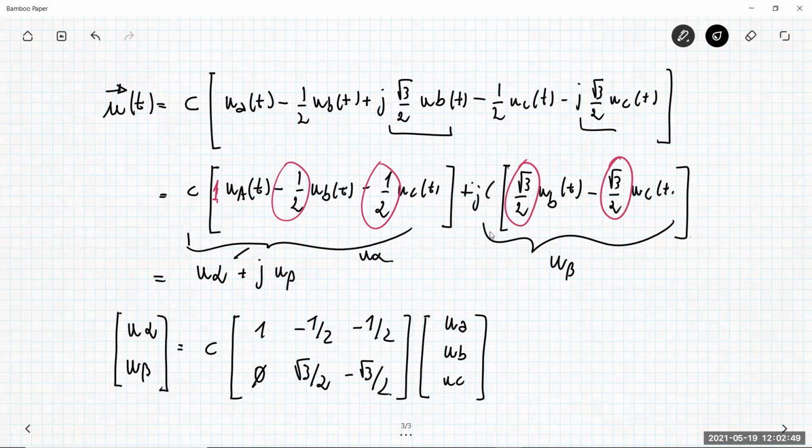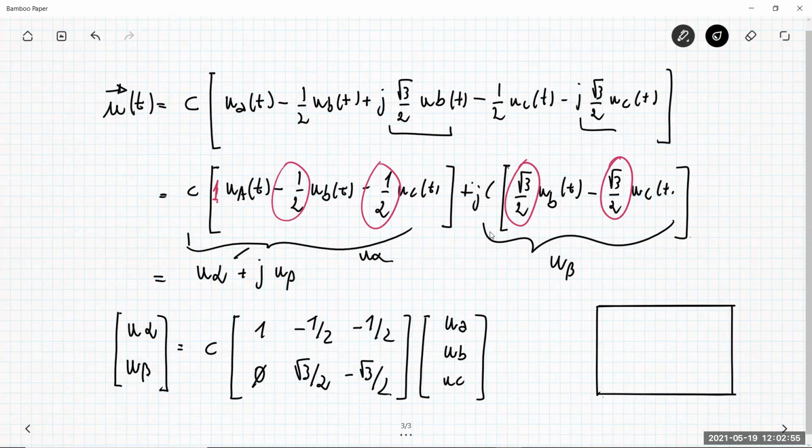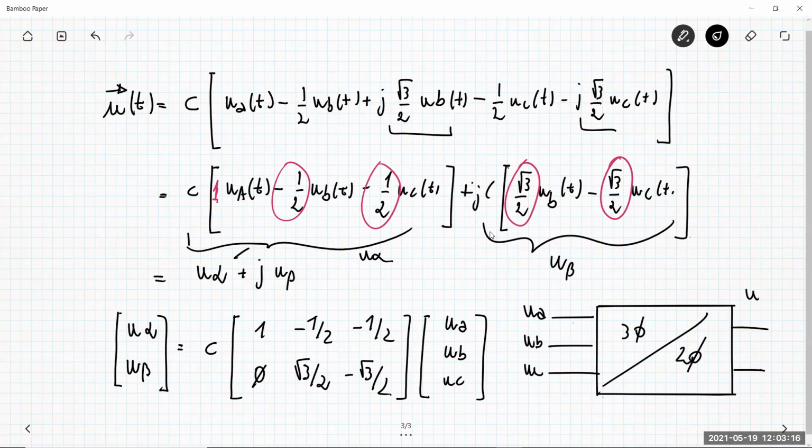So we can say that this transformation makes it possible, given 3 variables ua, ub, and uc, that are the 3 phase variables of a system, to move to a system in which we have just 2 variables at the output, the direct and the quadrature component.